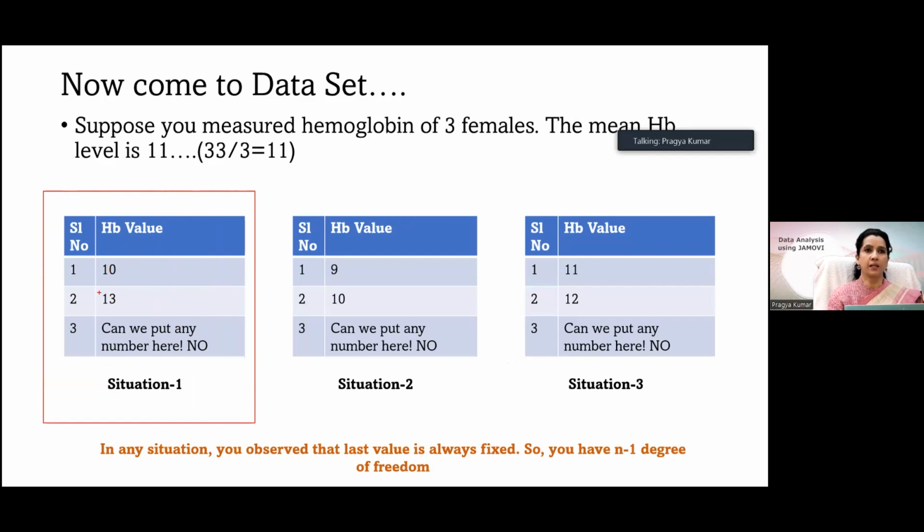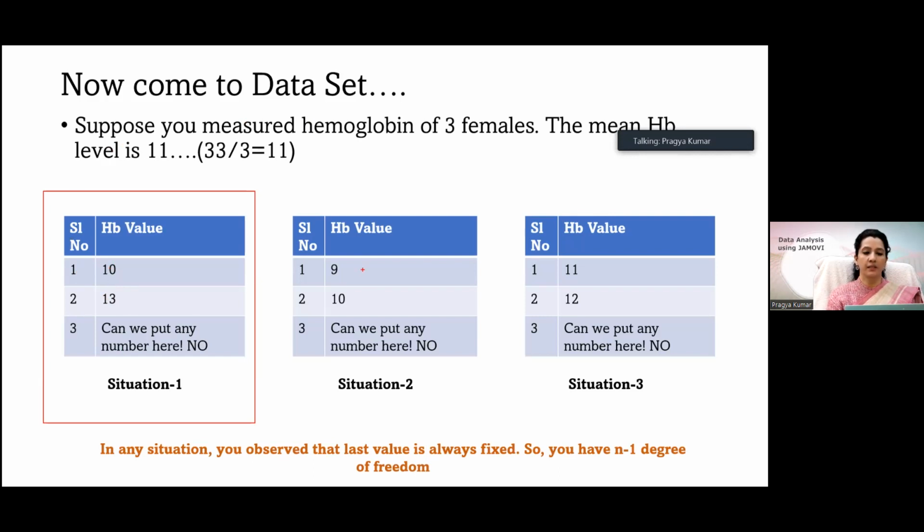The second female has got a value of 13. Can you put any other number here if you know that the mean hemoglobin is 11? No, because this is fixed. These 2 you can choose. But the moment you choose these 2, the third is fixed.